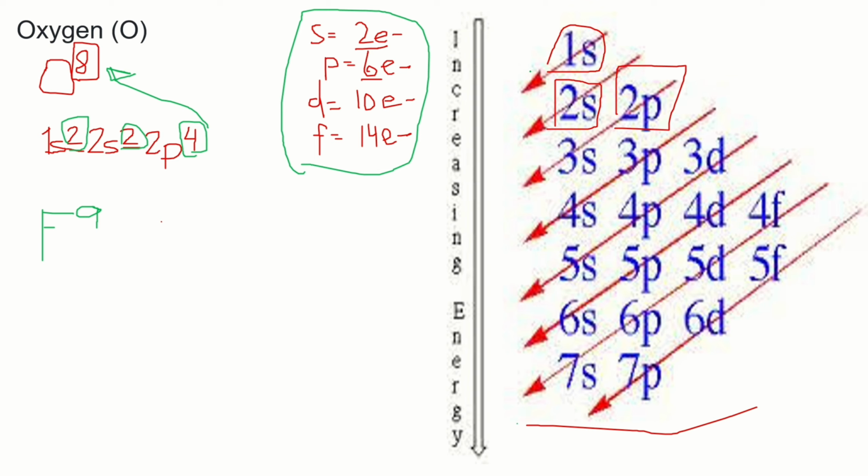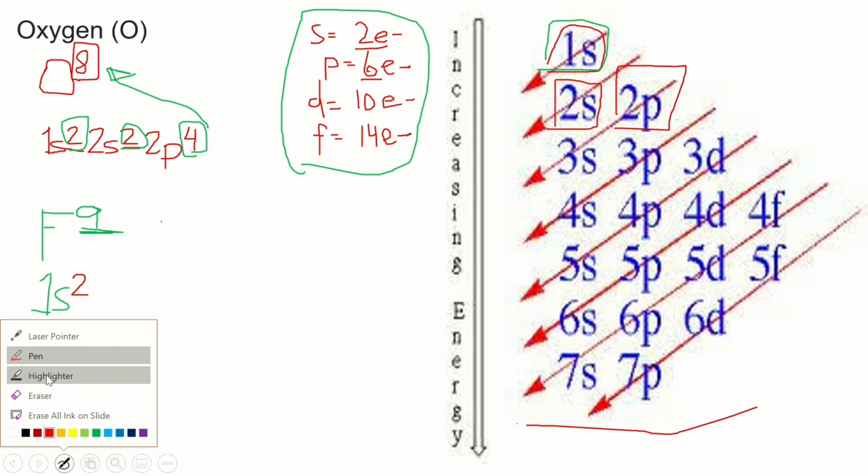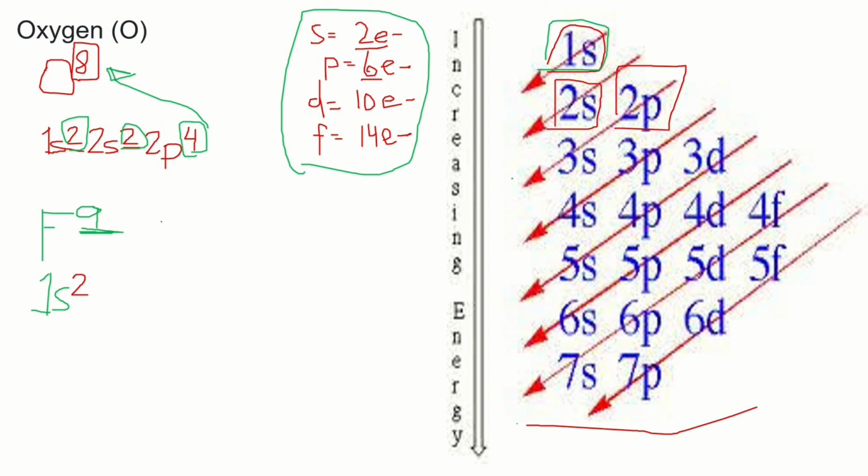Okay, so same process. Let's start with the low energy, which is the 1s. Let's write 1s. We have to reach 9 electrons. Again, the S sublevel can hold up to 2 electrons. Let's write 2. Okay. Next. The next energy level is 2s. Let's write 2s.